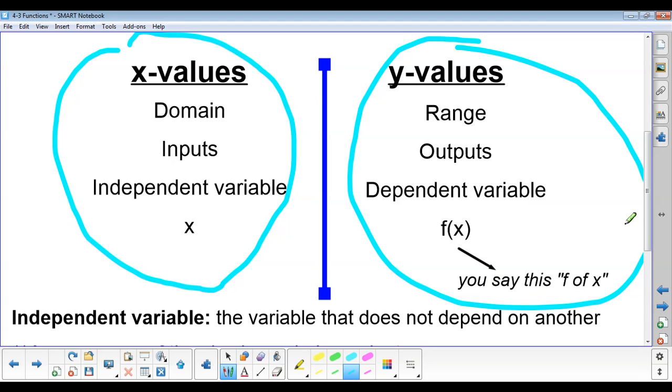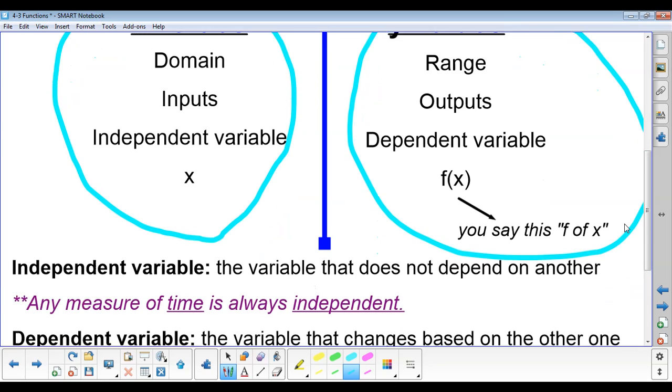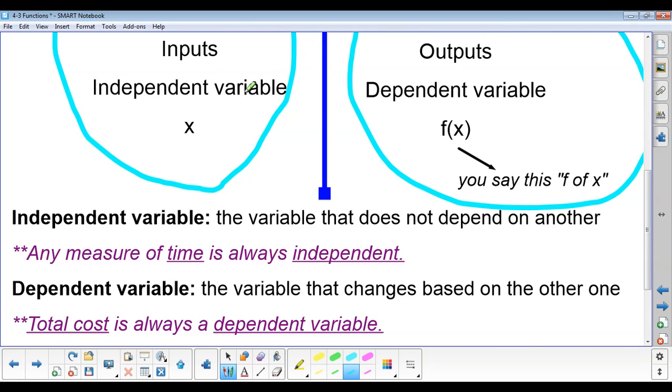We're going to go into a tiny bit of extra detail on what independent variable and dependent variable mean. An independent variable means the variable that does not depend on another. So again, that's our x. Remember, independent is our x variable.